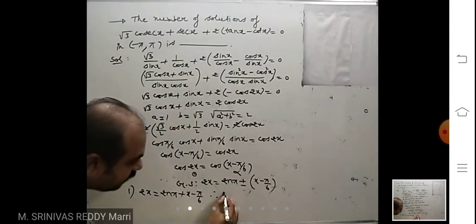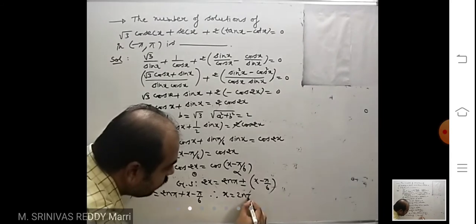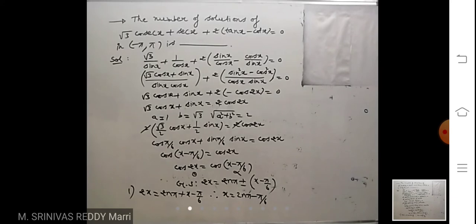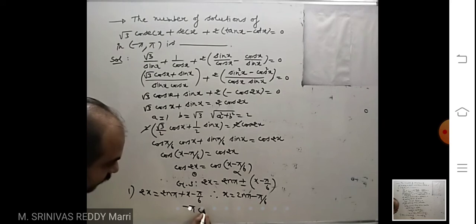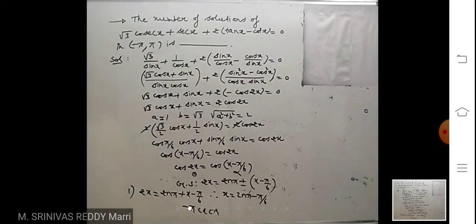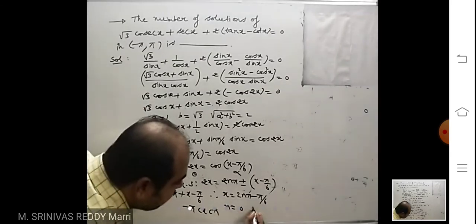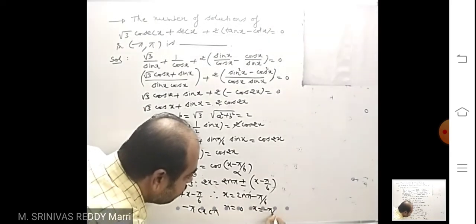X bring this side, therefore x equals to 2n pi minus pi by 6, given that x lies between minus pi and pi. Now n equal to 0 means x equal to minus pi by 6. So this is nothing but minus 30 degree. It lies between minus 180 degree to 180 degree.